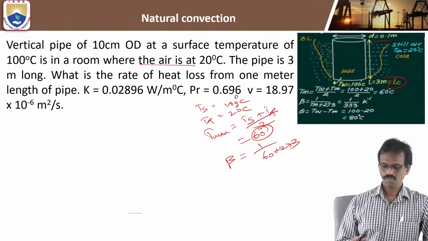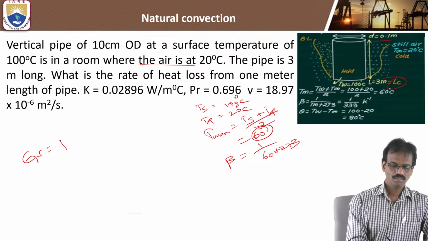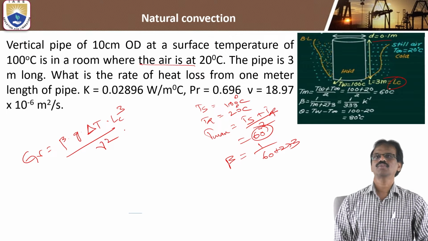First of all, you have to find the Grashof number. The Grashof number GR is equal to beta g delta T LC cube by mu square. This is the formula.